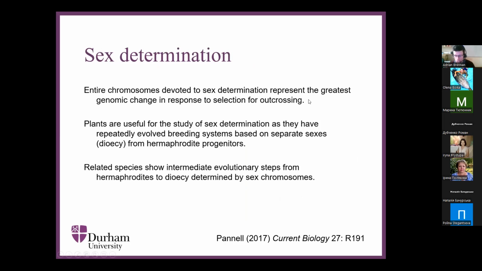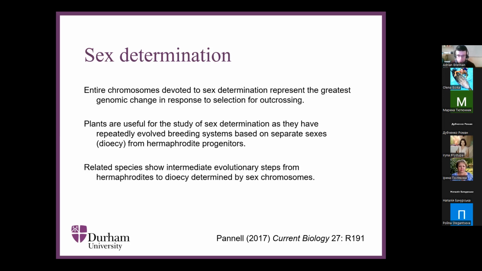And at a genetics level, dioecy at its most extreme will have entire chromosomes that are devoted to determining whether those individuals are male or female. So they'll have evolved a whole sex chromosome. And plants are really useful and really interesting for studying sex determination, because it's a trait that's evolved multiple times among plants.